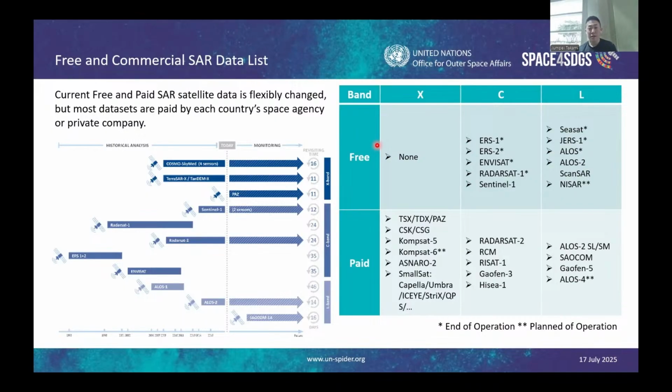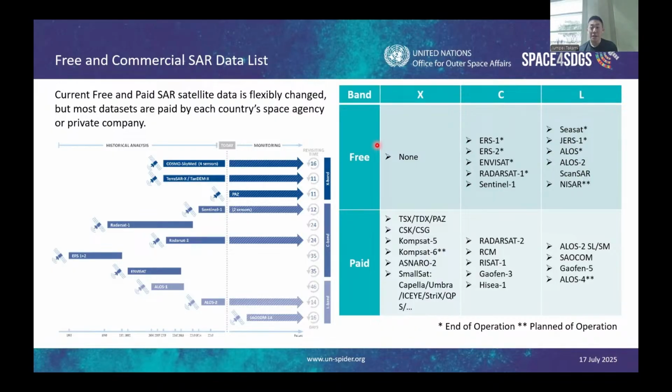And then C-band: the most famous satellite data is Sentinel-1. Of course the older satellites like ERS-1, 2, and then RADARSAT, and Envisat are also free.